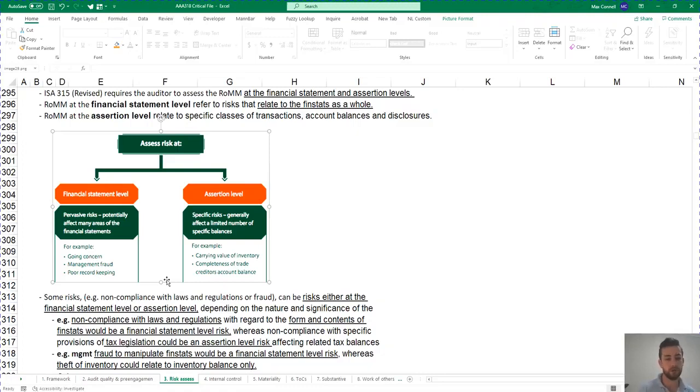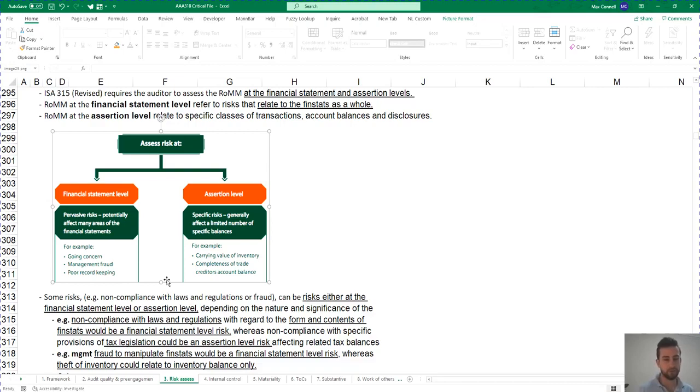For example, going concern. The business may not be around next year, for example, because they might have lots of long-term assets, but they've got no short-term liquidity to pay their working capital, and therefore the business might be going bankrupt, even though its P&L looks good, even though its long-term balance sheet looks good.